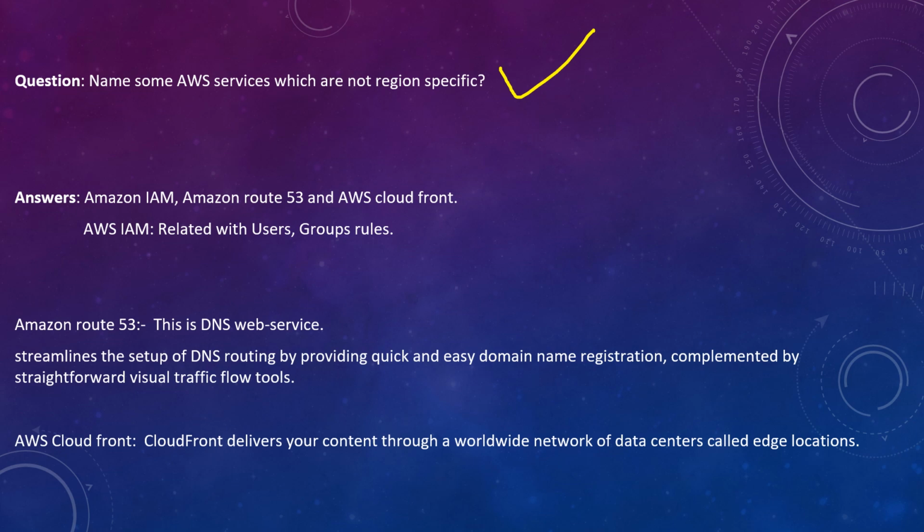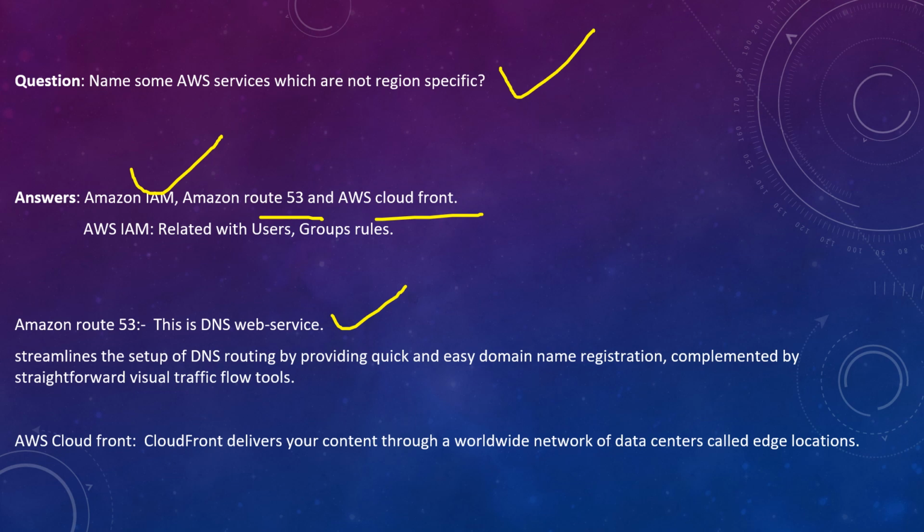Yes, these are Amazon IAM, right? Next is Amazon Route 53. Guys, this Amazon Route 53 is DNS routing, like DNS web services.